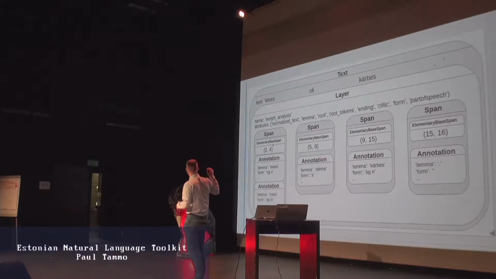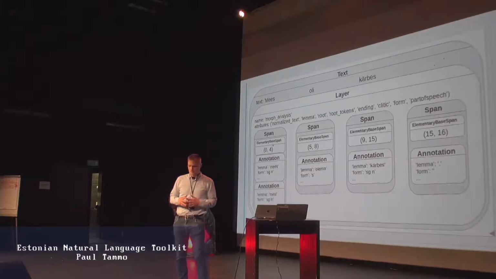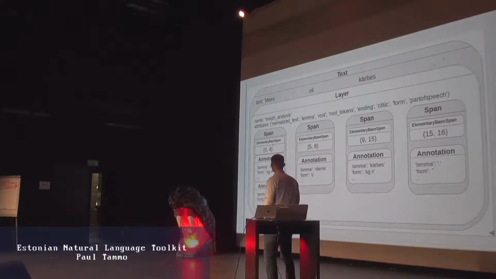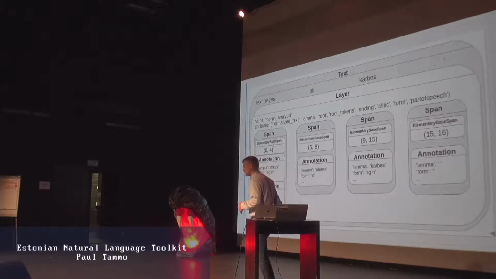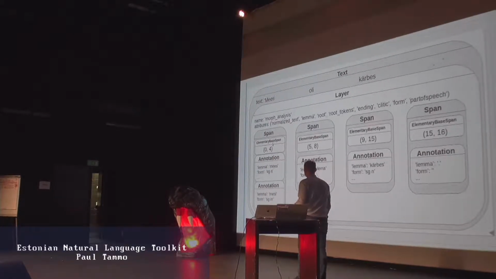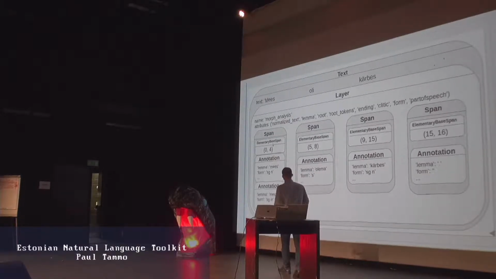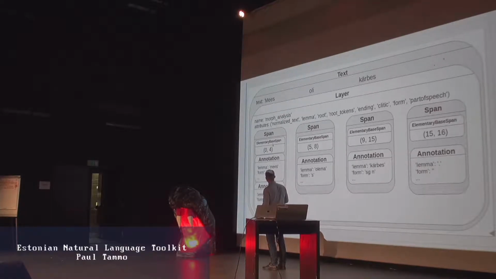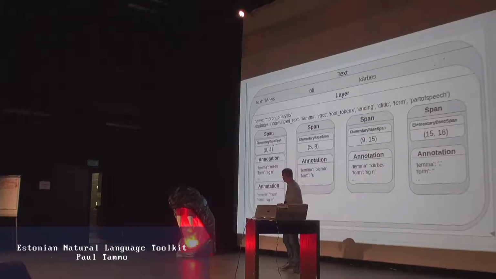It contains its base span, in this case elementary base span, but that's not important, and a list of annotations. So very often there is only one annotation, but in general there might be more than one annotation. Here, the first word has two annotations in the layer of morphological analysis.